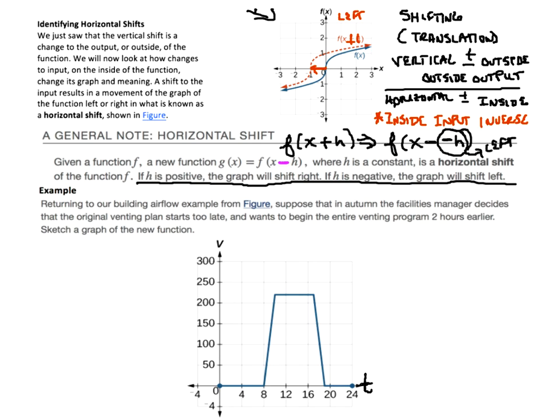They want to begin the entire venting program 2 hours earlier. So we have venting as a function of time, and they want to shift that time 2 hours earlier. That is 2 hours in the negative direction.